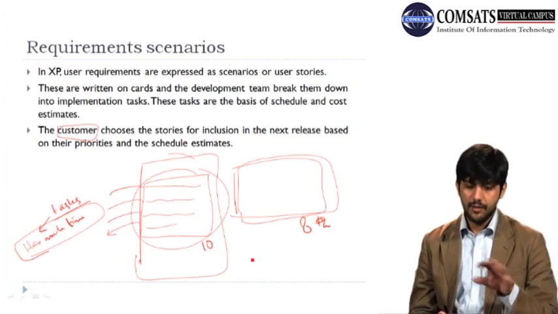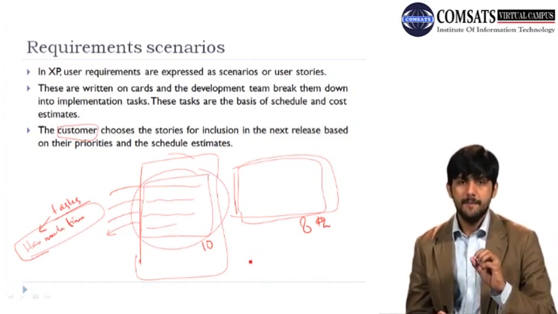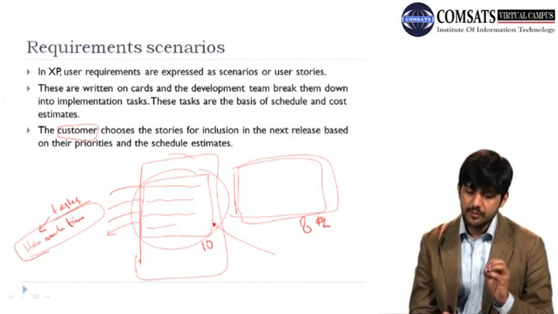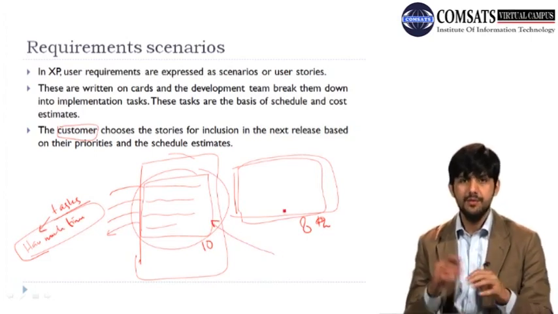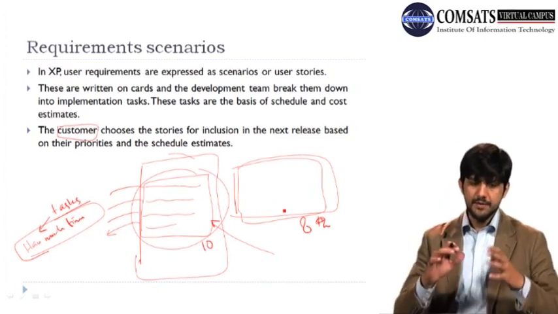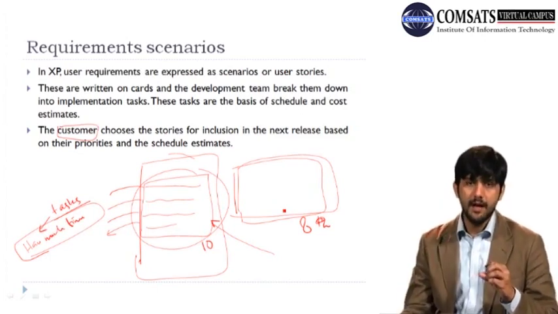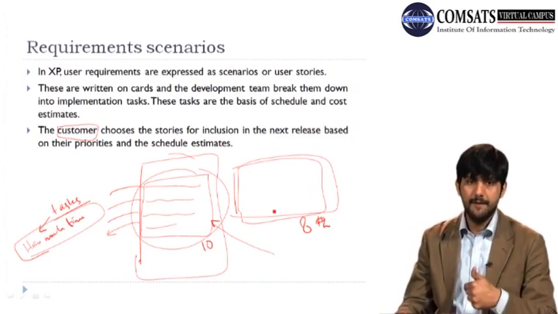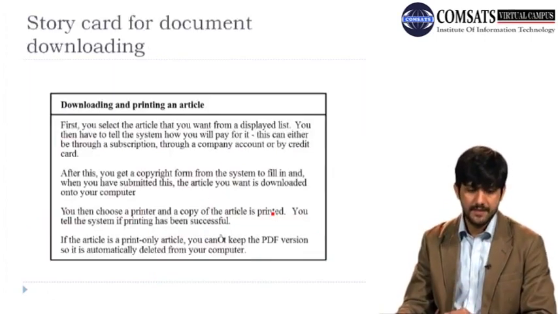Now the client would look at these two, and depending on his preference, he would tell you, I want this one done first, or this one done first. So you will pick one and start working on it. This is how these scenarios are generated from the client, and this is the role of the client in the prioritization of these scenarios.